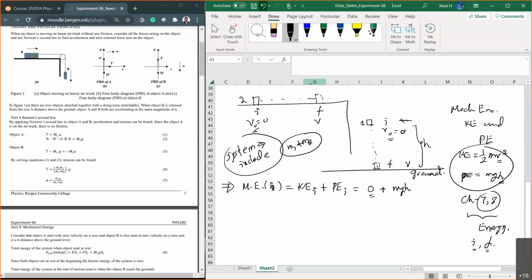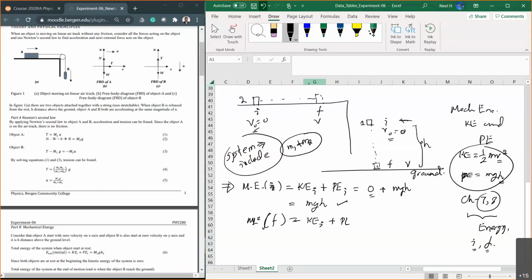Question. Okay, so the mechanical energy when the system is started is just mgh, okay? And then let's take a look at the mechanical energy at the final point. When it reaches the final point, again, I can consider mechanical energy as always kinetic energy plus potential energy, but now it's the final point. For the kinetic energy, both objects are now moving with velocity v, so both objects have half m1 v squared plus half m2 v squared. That's the kinetic energy.